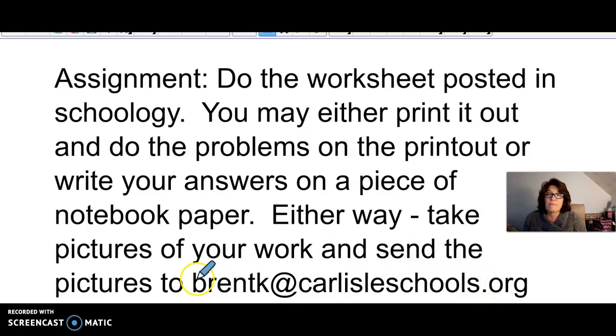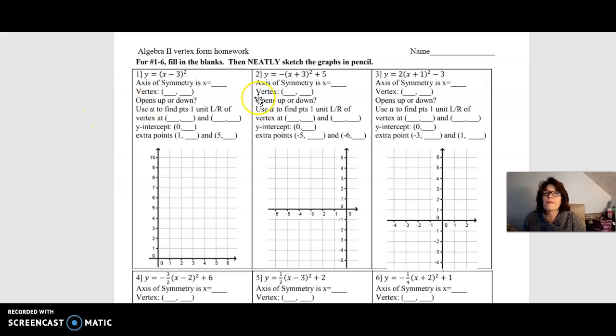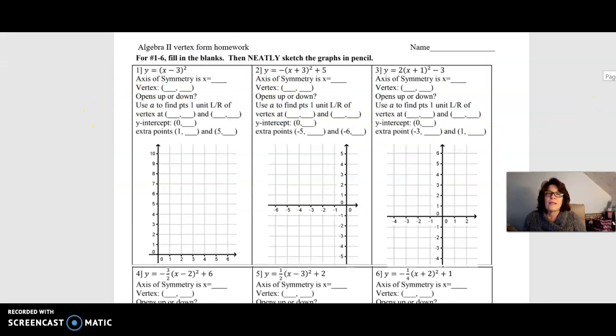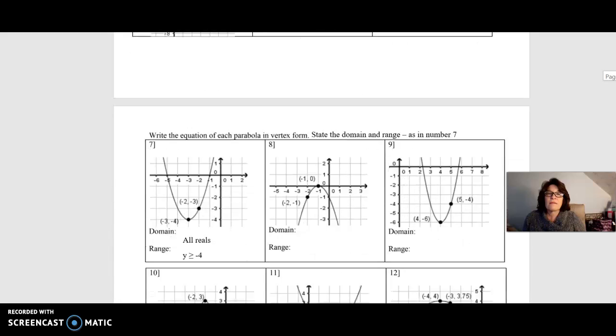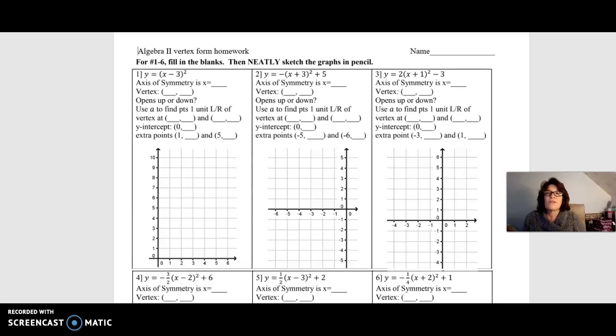Okay, well, let me pull up the worksheet here. Okay, here it is. It's 12 problems. So here's this stuff again, where you're just telling me the axis of symmetry, telling me the vertex, does it open up or down?